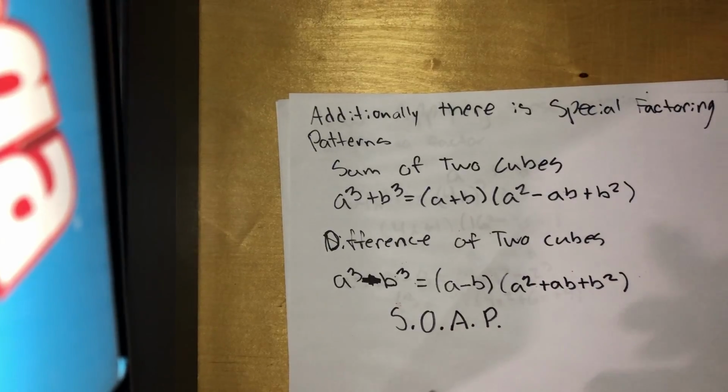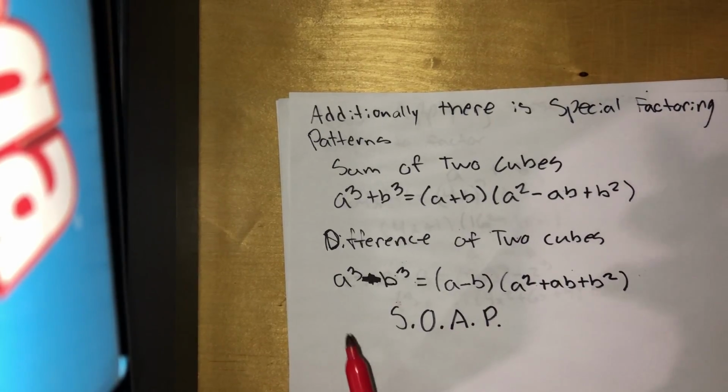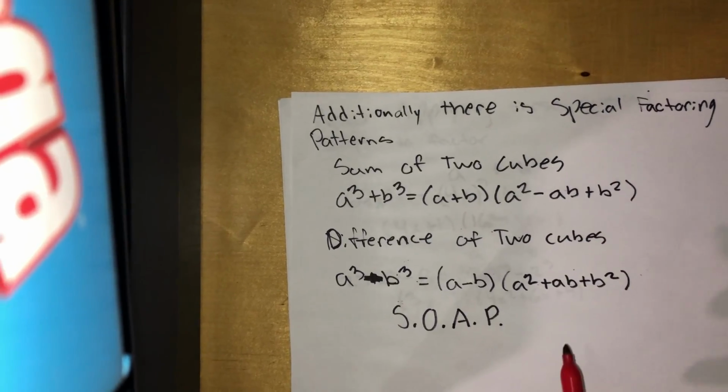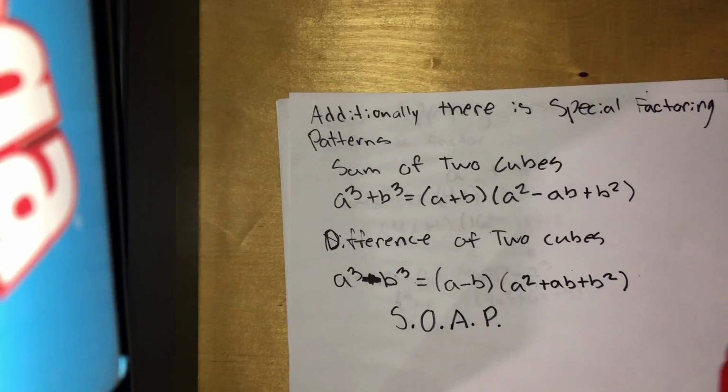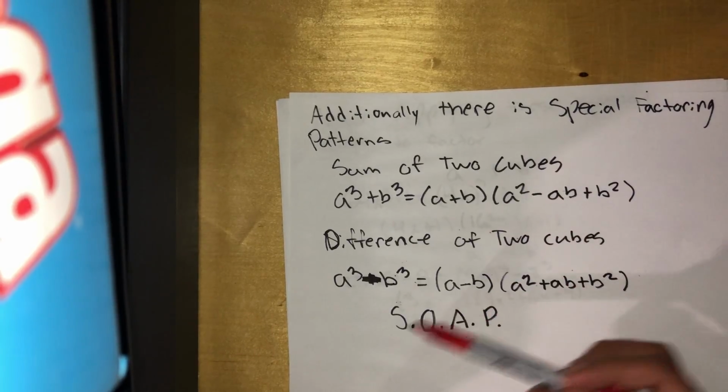And then the difference of two cubes is a cubed minus b cubed equals a minus b, a squared plus ab plus b squared.